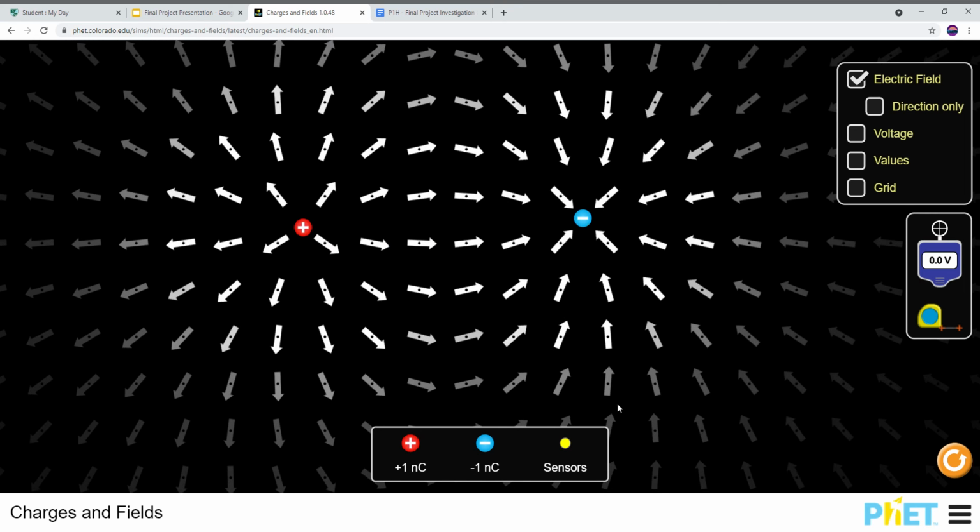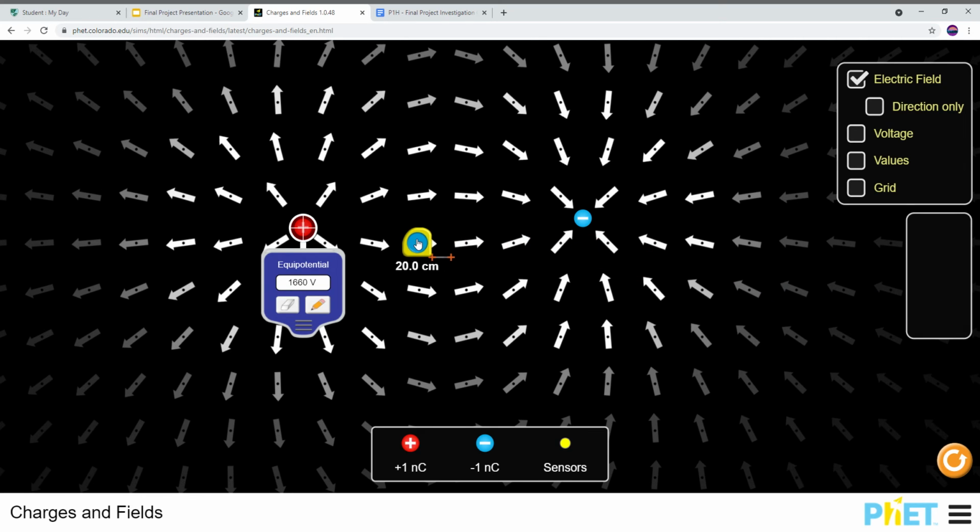We also have a way to measure voltage, the equipotential. I feel like I said that wrong, but it'll tell you at any given place how many volts are present, negative or positive. You can see a very high negative number for this negative particle, and obviously a very high positive number for the positive particle.